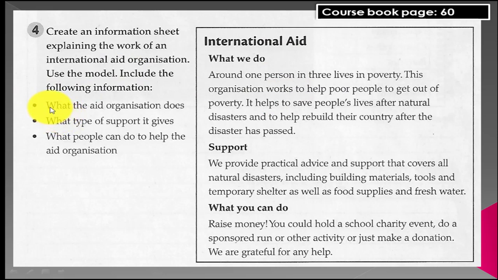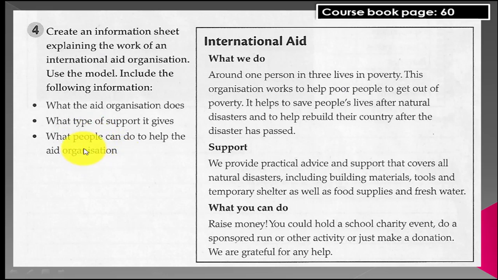Now the main ideas that you have to mention in your sheet: what the aid organization does. That means you have to mention the activities, then what type of support it gives. For example, as I mentioned earlier, maybe food, clothes, tents. Those are the support. What type of support it gives, and what people can do to help the aid organization, and this is referred to you and your family and all the community.